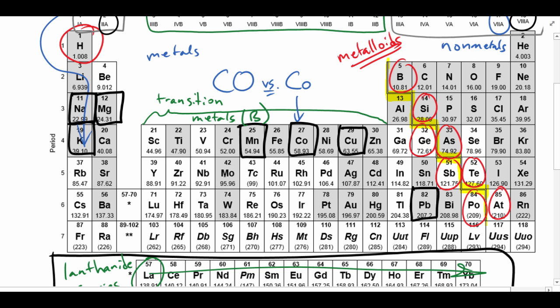We talked about silicon. Silicon, of course, has the symbol Si. Silicon is which type of element? It's a metalloid. If you take the silicon out, you can see that it has some very distinct metal-like properties.